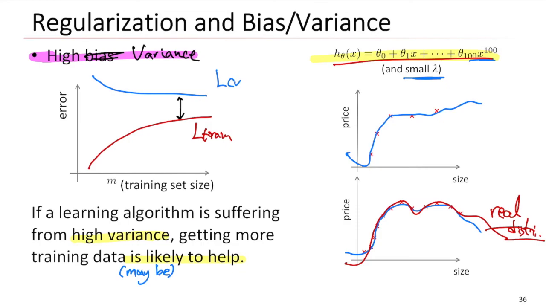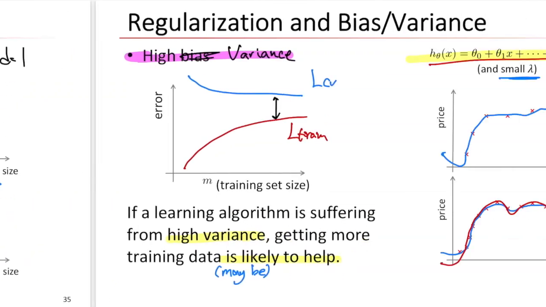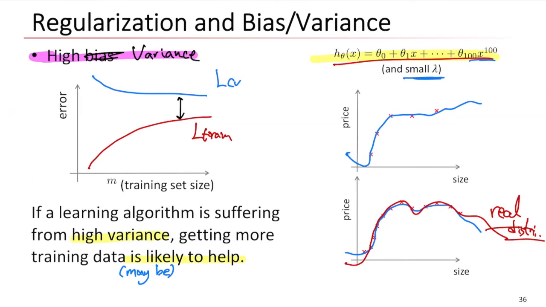So getting more training data is likely to help in the case of high variance. Okay, so this is the high bias and high variance case.